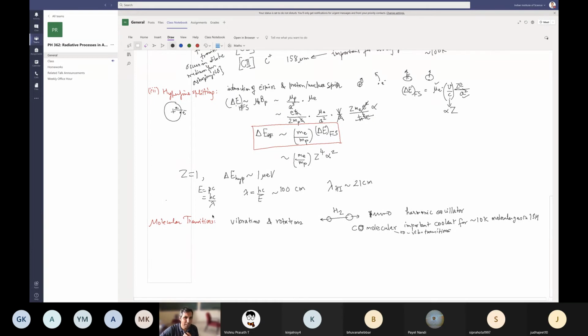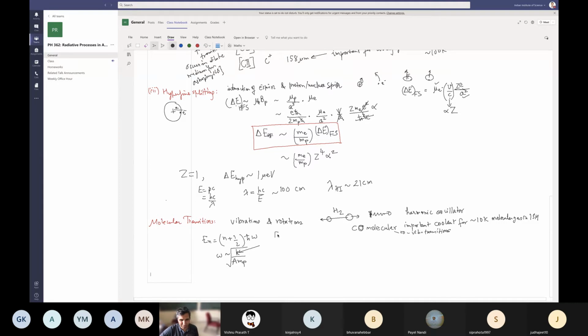Right, for a quantum harmonic oscillator, we know that the energy is (n plus a half) times h-bar omega. And omega, we can actually estimate, is classically the square root of k by the mass. This k is the Hooke's law constant, right?